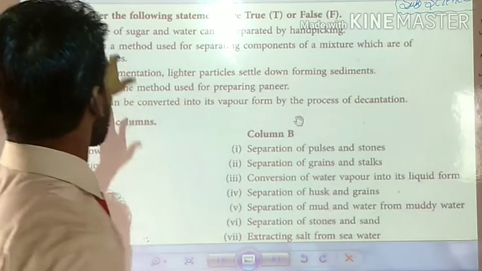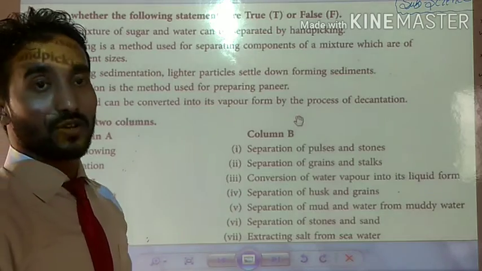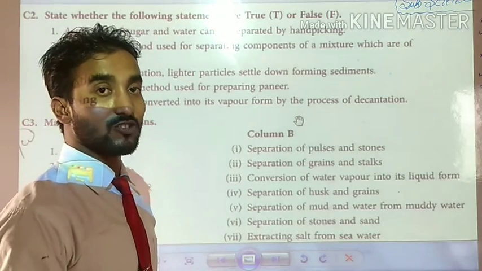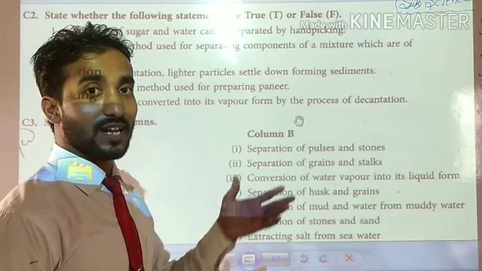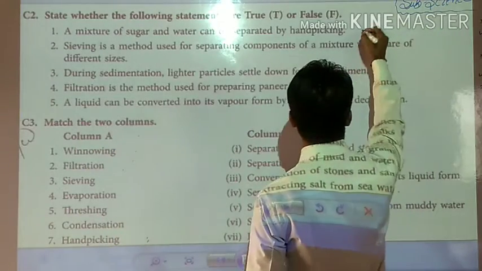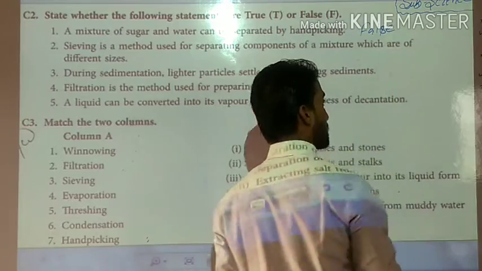But now the question is, would it be possible to separate all the sugar from the water, in which it is dissolved? Do you think it can be separated by hand picking? No. It means the given sentence is false.